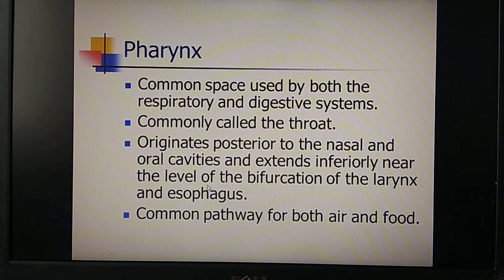But when there is confusion between this, then food particles by mistake can enter into the respiratory tract, and as it won't accept those food particles, it has a mechanism called coughing, so that the food particle which has entered the respiratory tract comes out.